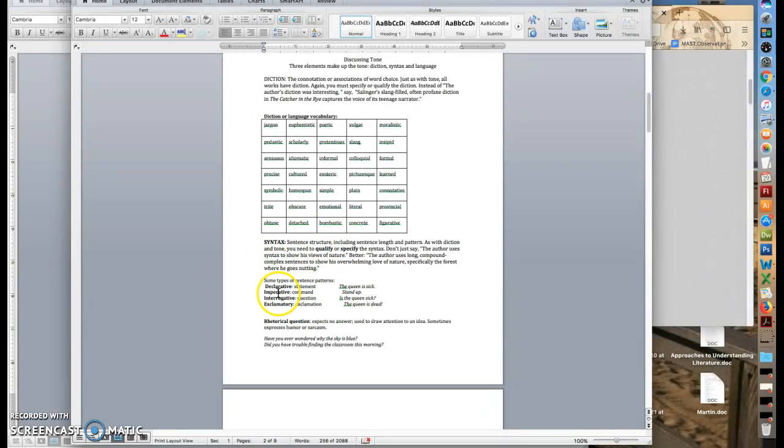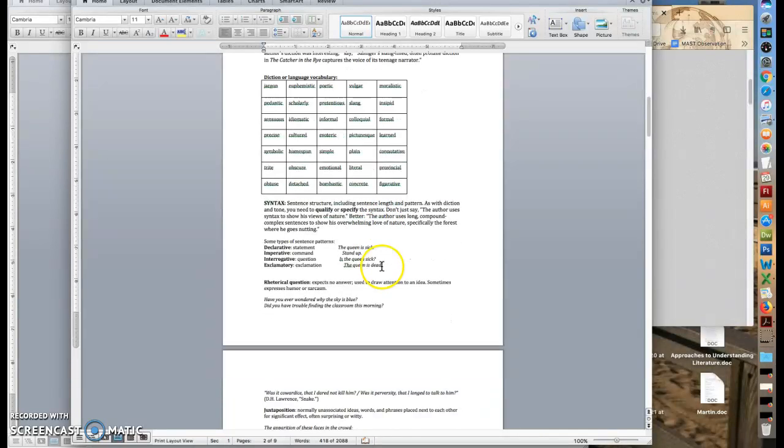Syntax that relates to tone has to do with the types of sentences or words that the author uses. It's sentence structure. It talks about sentence length and patterns. If an author uses very short sentences versus very long compounded sentences, what does that mean, or how does that change your experience as you read the text?